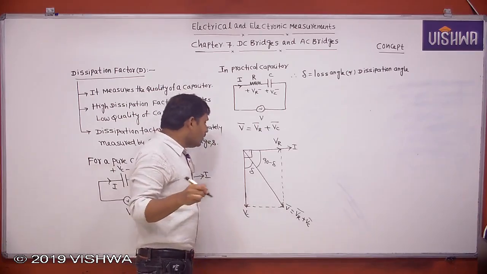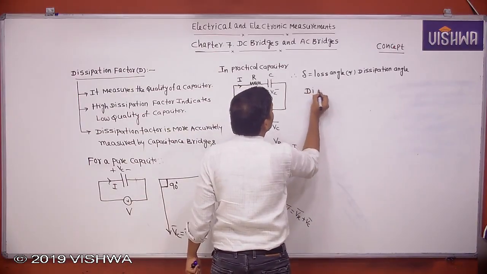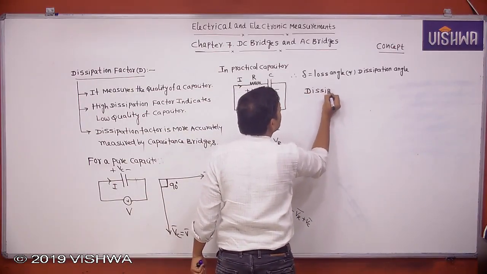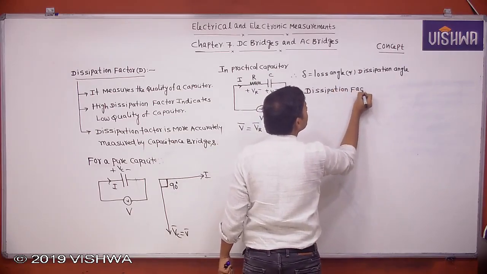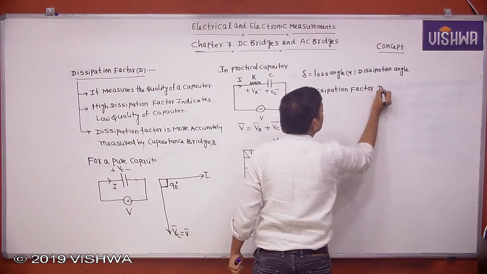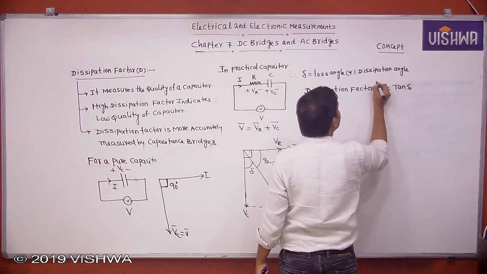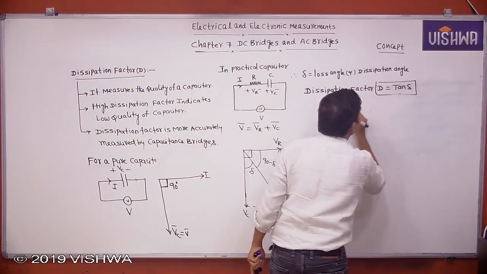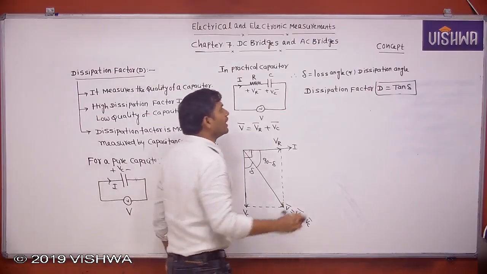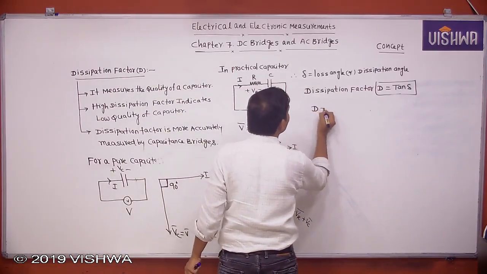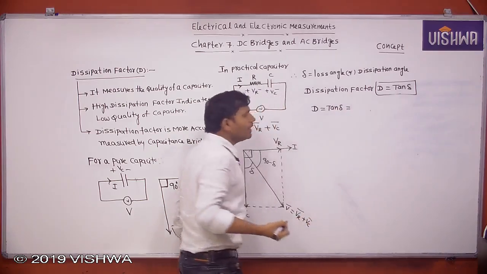Now, I want to define what the dissipation factor is. D equal to tan of the dissipation angle is called the dissipation factor. Now define from this what D equal to tan delta is.